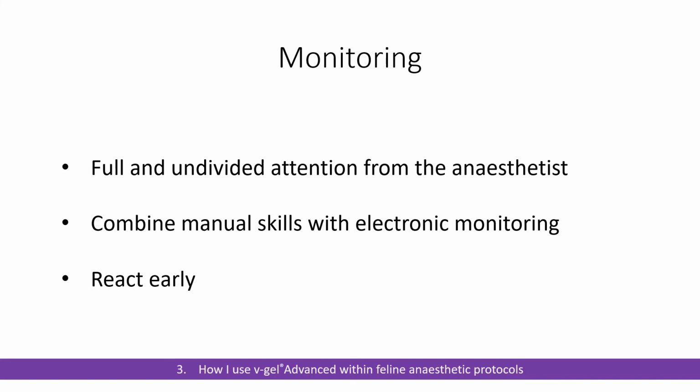It's not true to say that manual skills on their own give you absolute safety. There are things that you just cannot tell without electronic monitors. And you should always think about reacting to small changes rather than waiting for changes to get big and dangerous. So try and react early to complications.